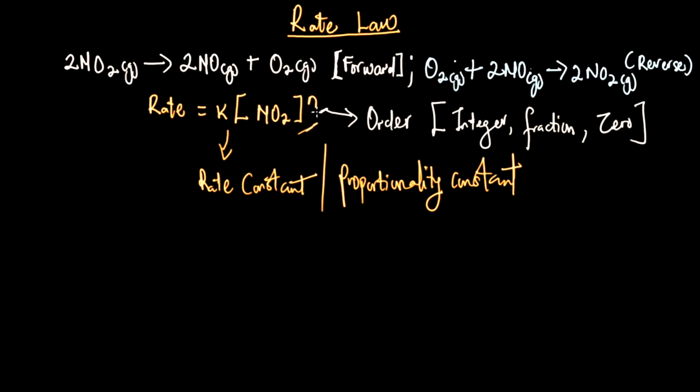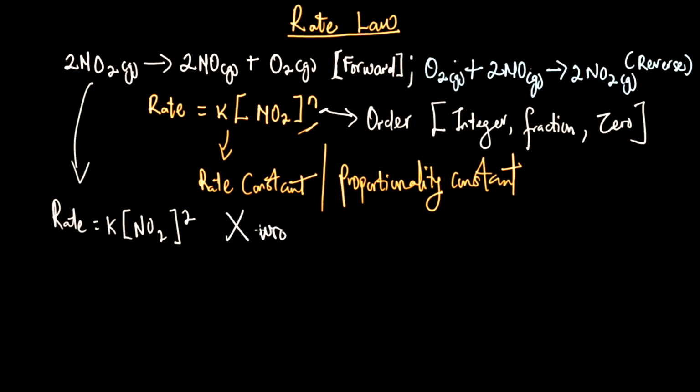It cannot be written from the balanced equation. That is to say, we cannot just say that because the coefficient of the reactant here is 2, the rate equals k[NO2]^2. So this is wrong. It has to be determined experimentally.